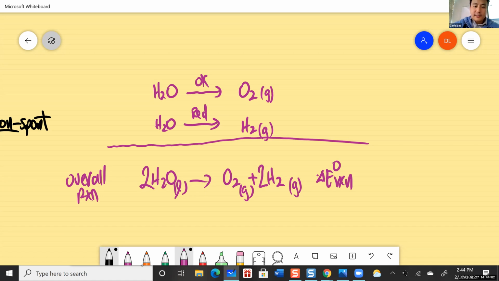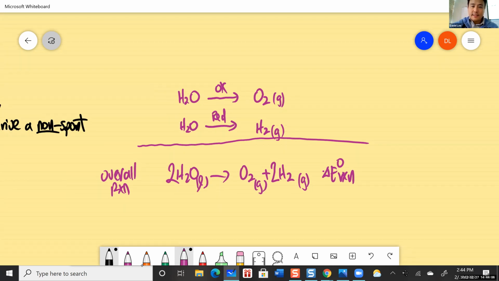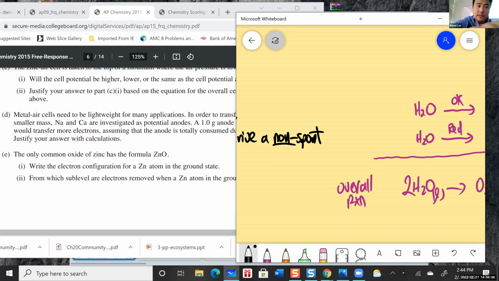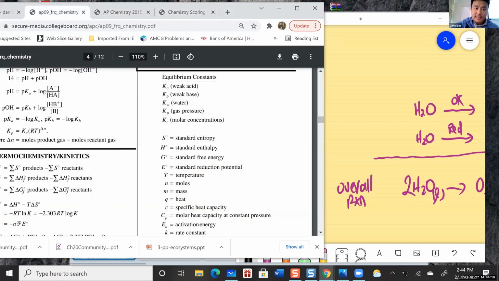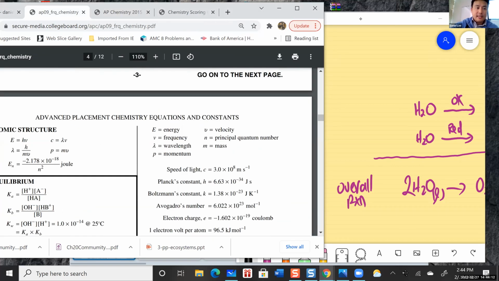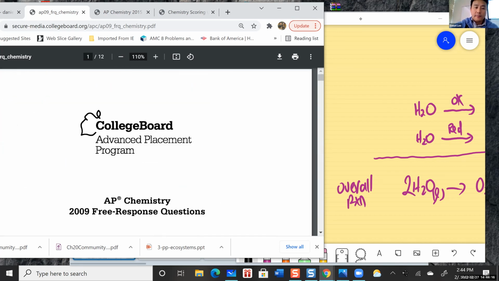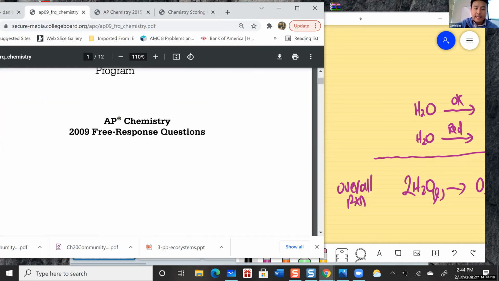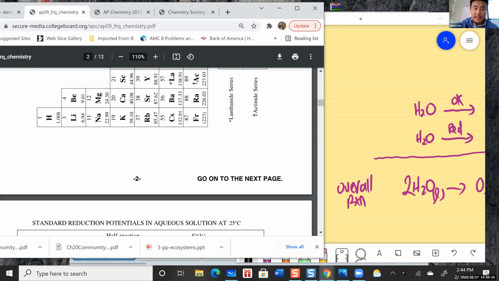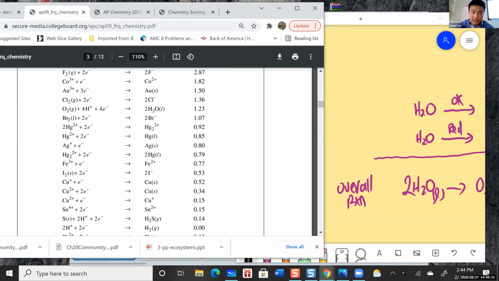So again, you don't need this. You will be given the half reactions. So you just have to find them. So right here, this is the chart that you will not be given. So I'm going to go to this chart and then fish out the one that we need, okay?